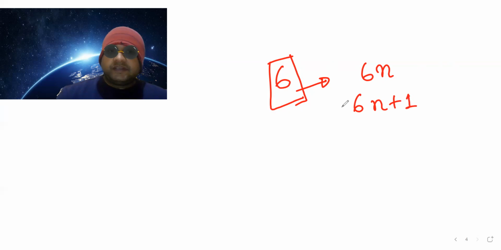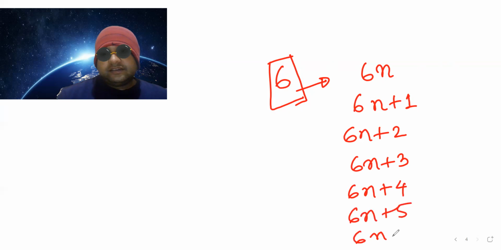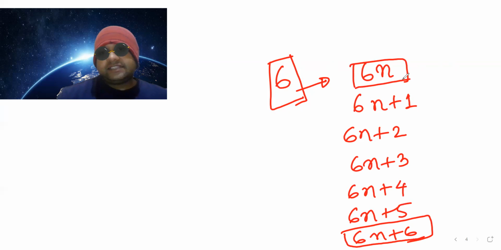This is the number which, when divided by 6, will leave a remainder of 1. The next number will be 6n plus 2, then 6n plus 3, 6n plus 4, 6n plus 5, and 6n plus 6. The moment we come to 6n plus 6, this is the next number which is again totally divisible by 6. That is the way in which we can express it.